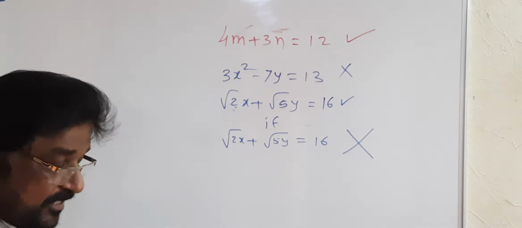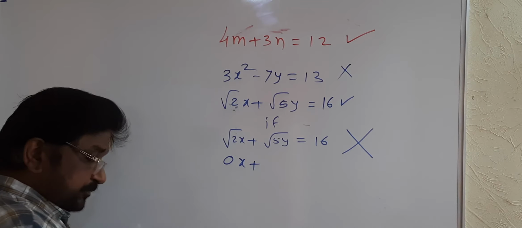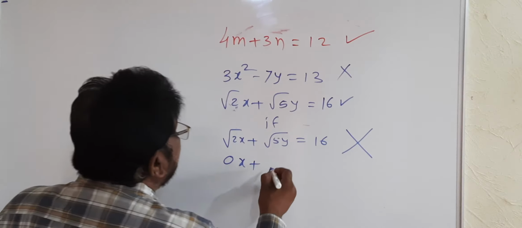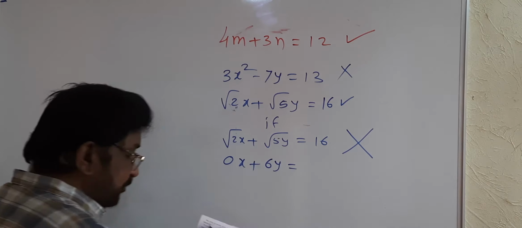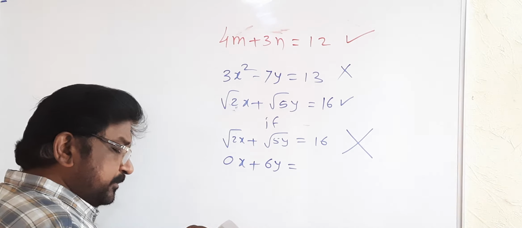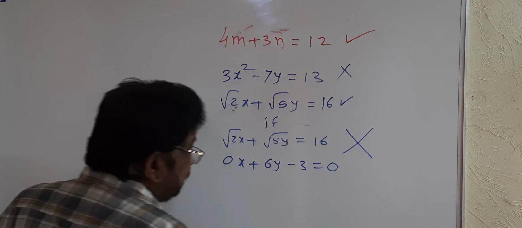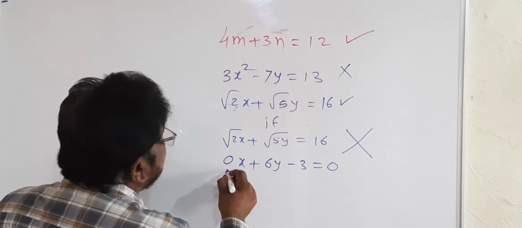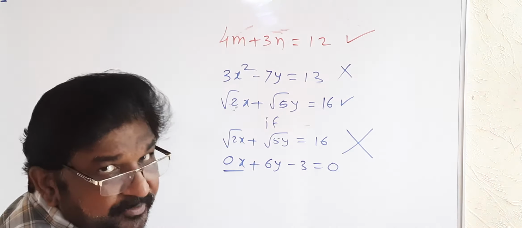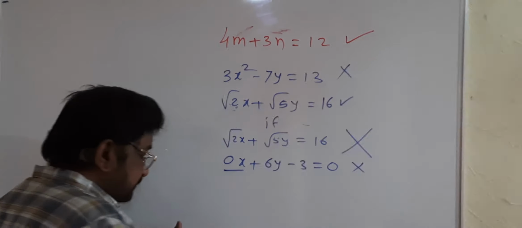Fourth one is 0x plus 6y is equal to 0. Since first variable has become 0, it is not an equation with two variables.